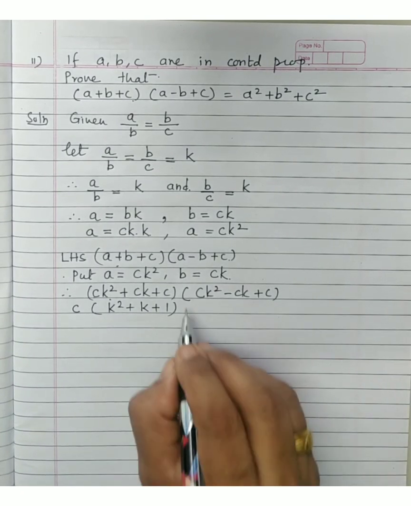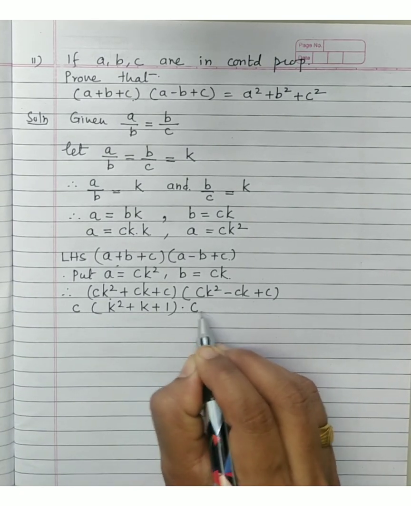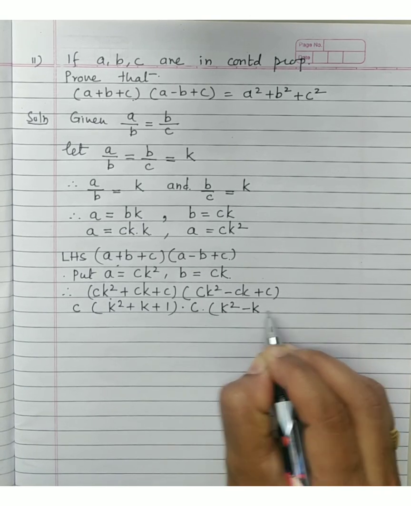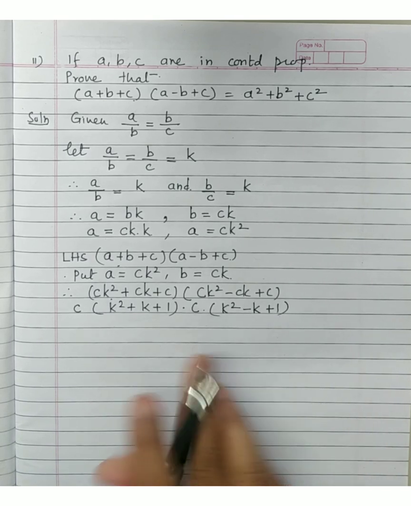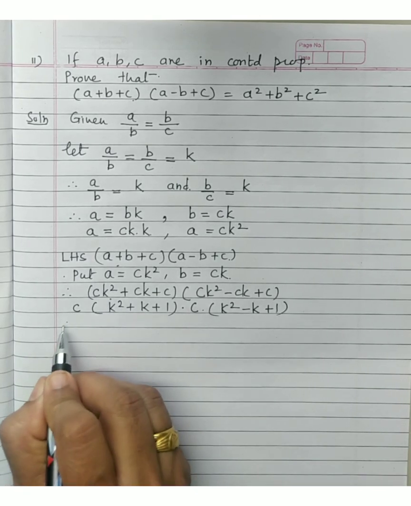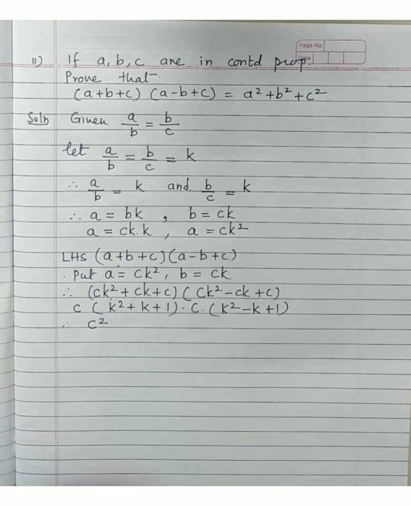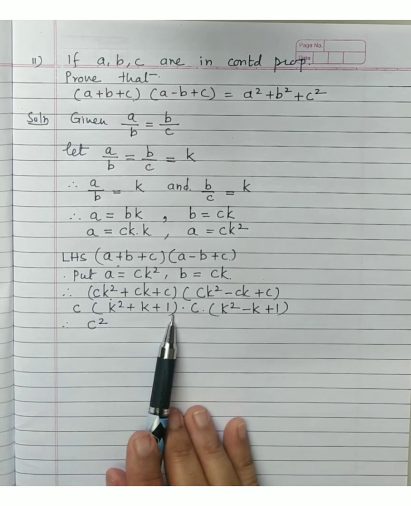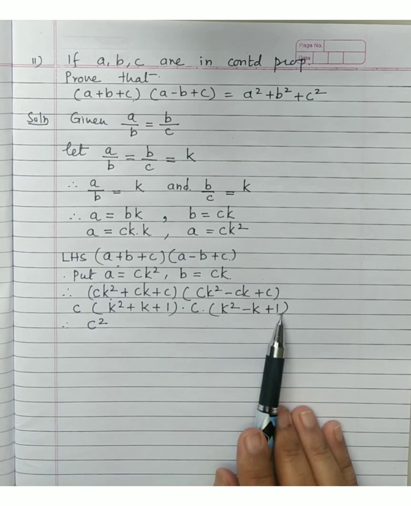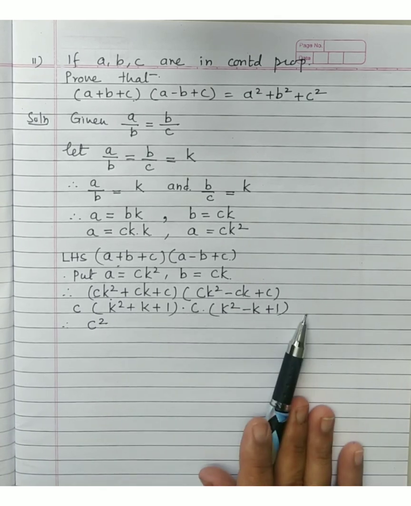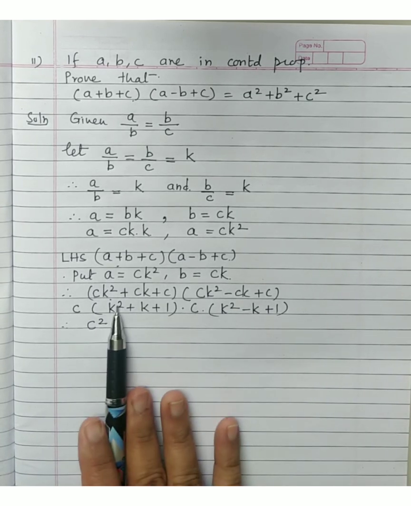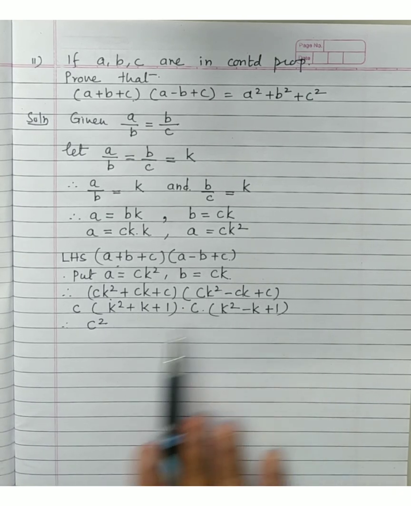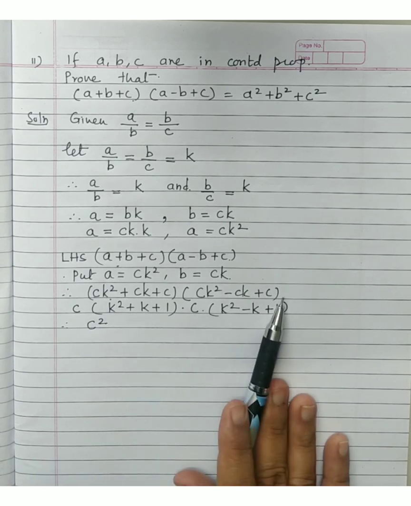Here again C common, K square minus K plus 1, C into C, C square. Now look at the remaining two brackets. K square plus K plus 1, K square minus K plus 1. You need to multiply. You can split it up in threes and multiply the second bracket. But if you observe carefully, you can use a shortcut also.